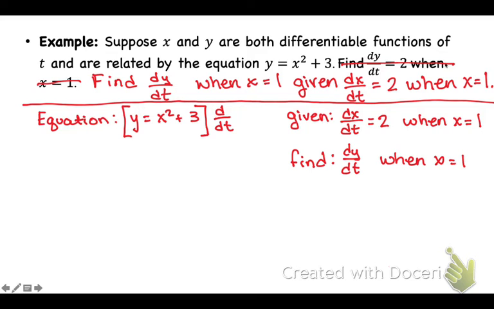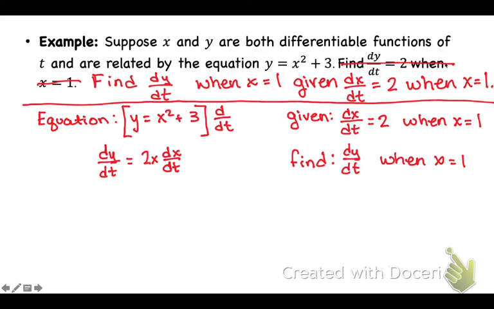On the left, we get dy dt, because I just took the derivative of y with respect to t. So what is the derivative of x squared with respect to t? 2x dx over dt. The variable you have, with respect to the variable. All good so far?